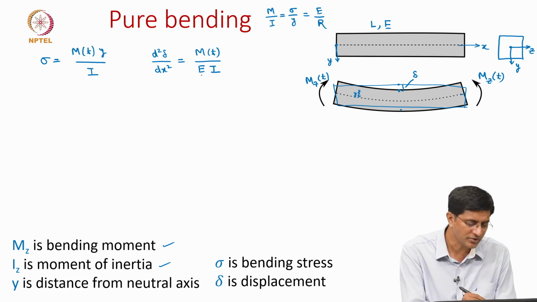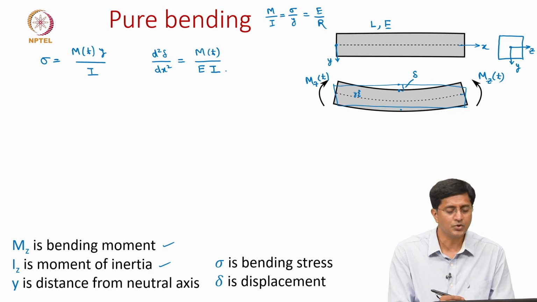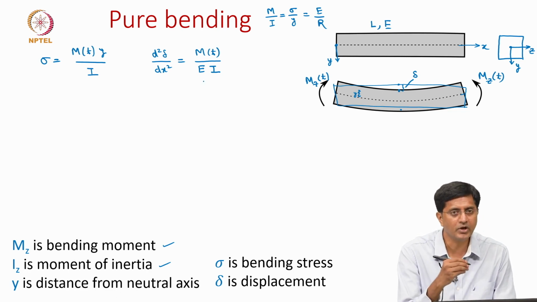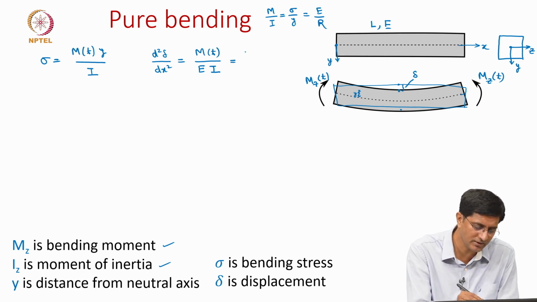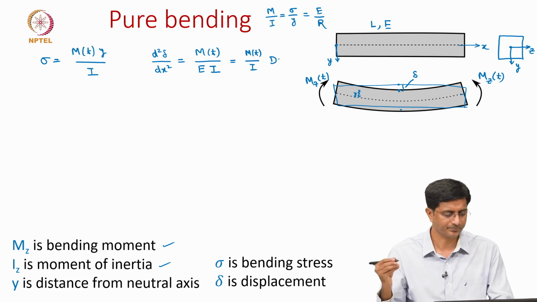So, here is the expression for the deflection written in terms of M, E and I. Previously we have seen that we would like to take all elastic constants in the numerator, but not in the denominator. So, we will rewrite this as moment by I times D, where D is the compliance.